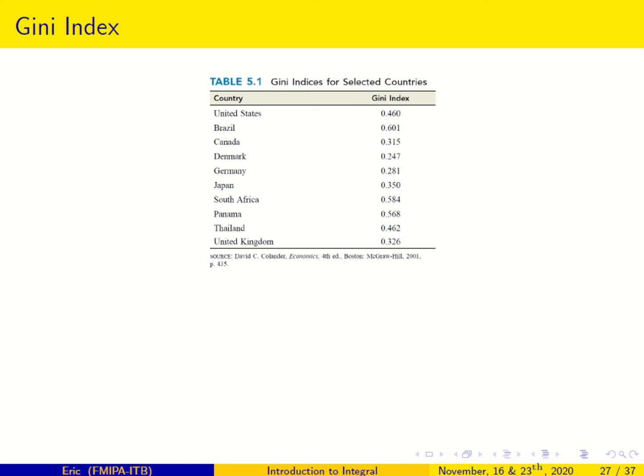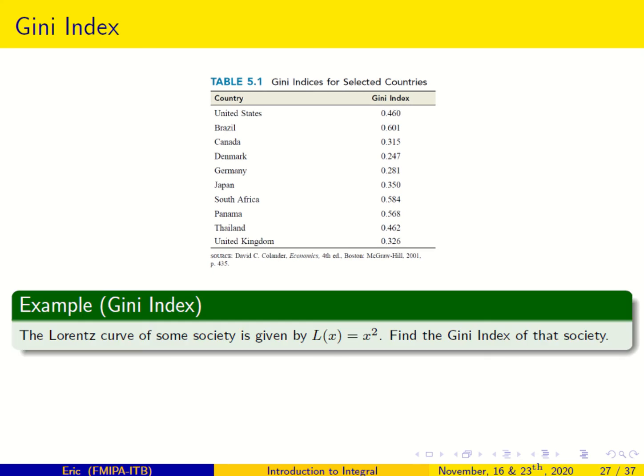Remember, when the Gini index gets to 1, it means that the wealth is not distributed equally. So in this one, Brazil is bad, but Denmark is better than Brazil.